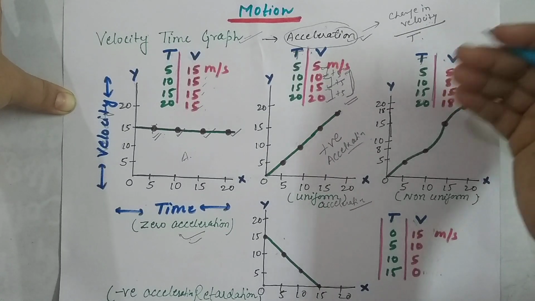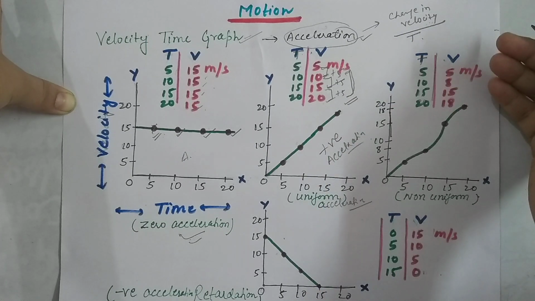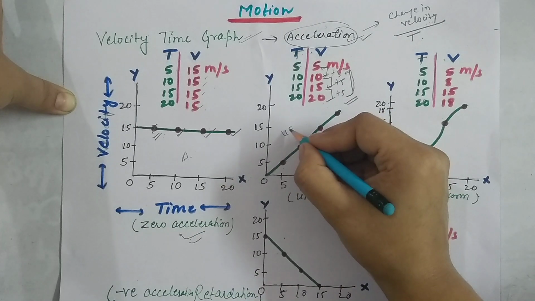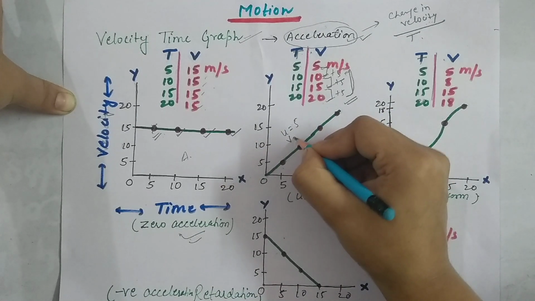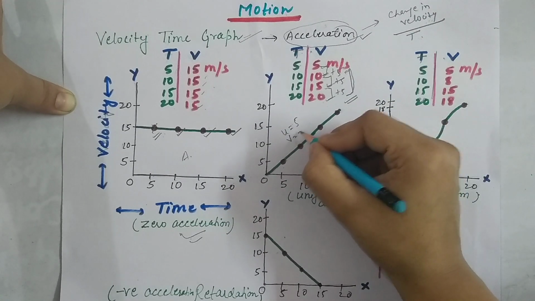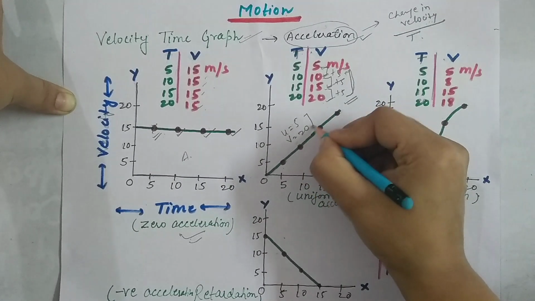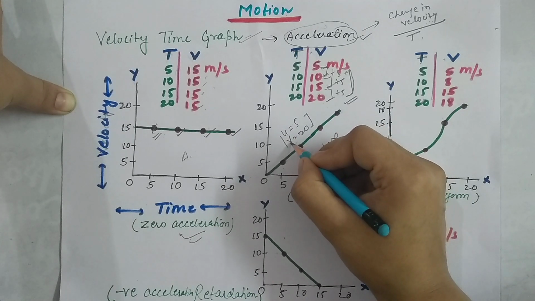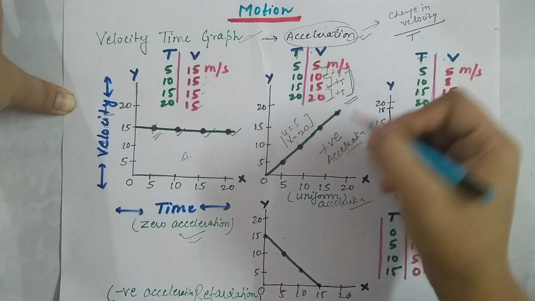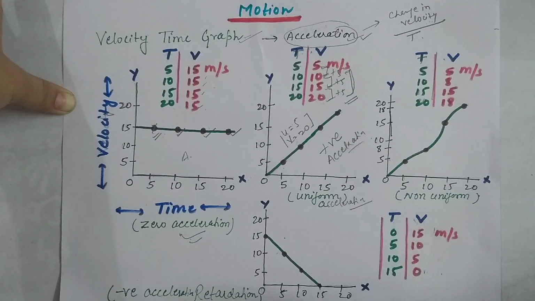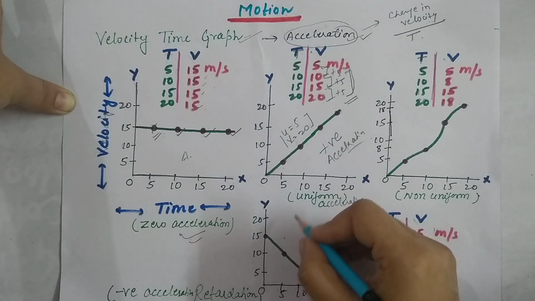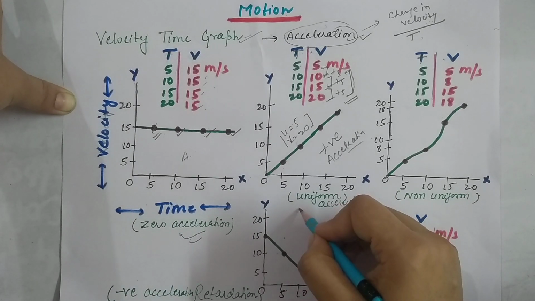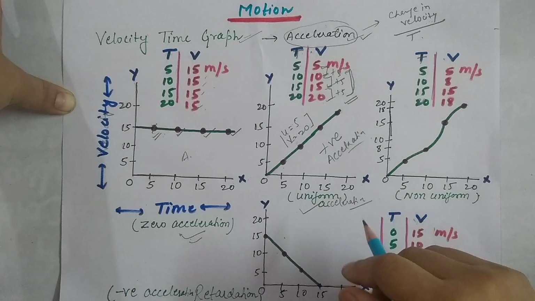The initial velocity here is 5 and the final velocity is 20. The initial velocity is smaller than the final velocity, so it shows positive acceleration, and this graph shows uniform acceleration.